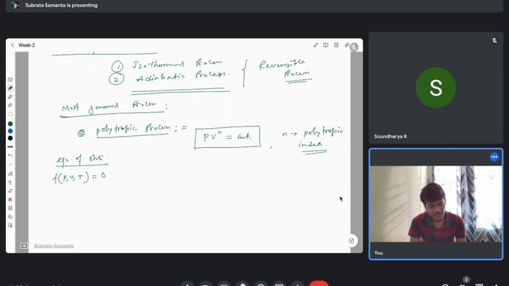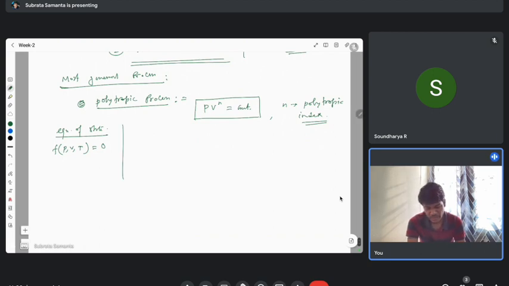The process, PV equals constant for the isothermal process, or PV to the power gamma equals constant for the adiabatic process, is different. Once you are given which equation of state you are using, we calculate for a particular process, for any kind of ideal gas or real gas. So the process and the equation of state are different things.